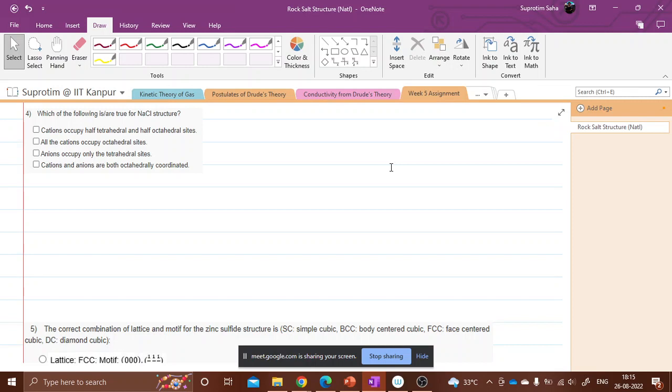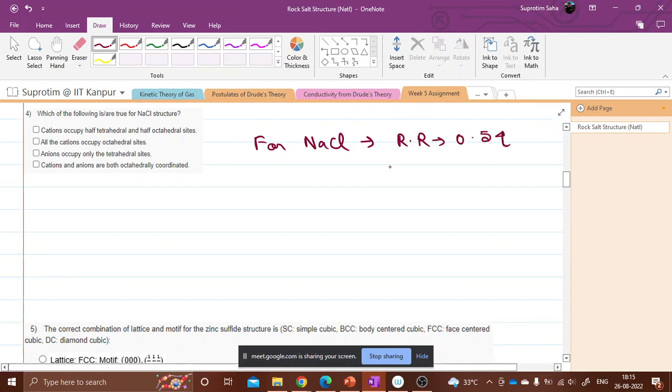So for NaCl, the radius ratio is 0.54, right? So this predicts octahedral coordination.